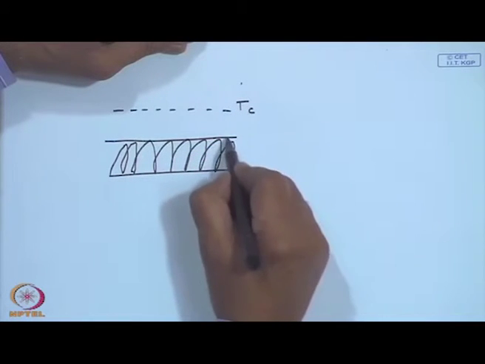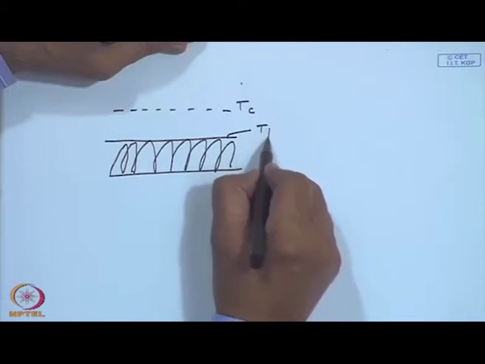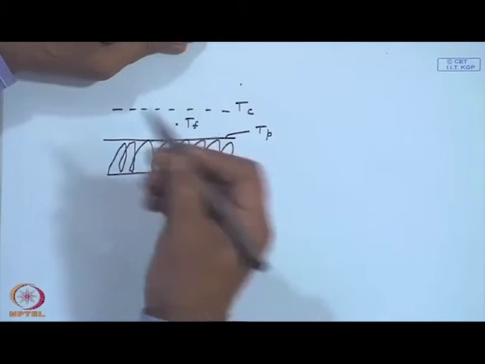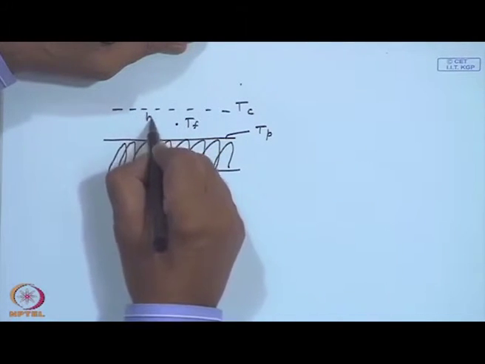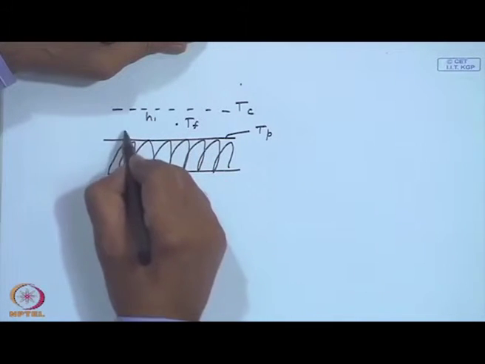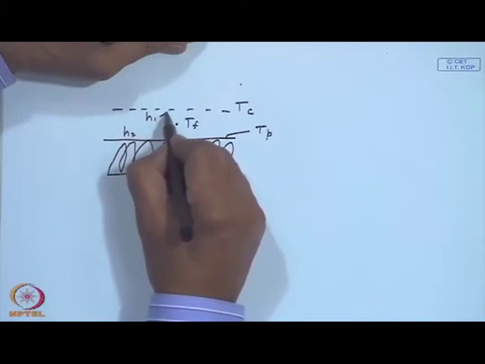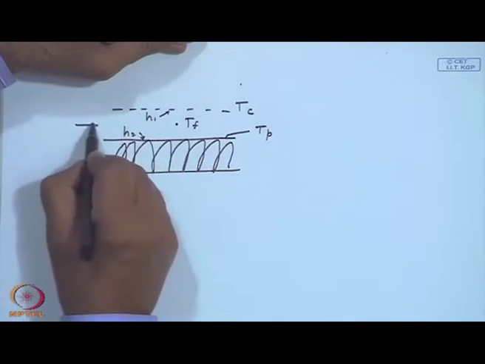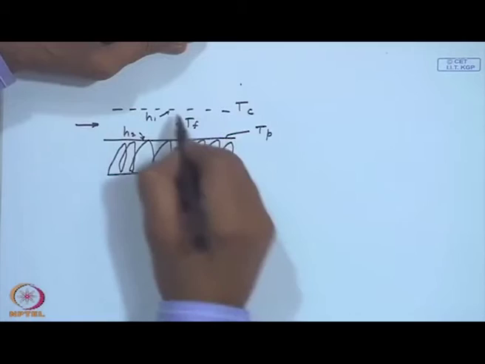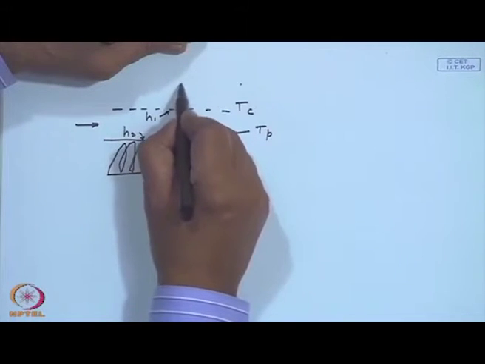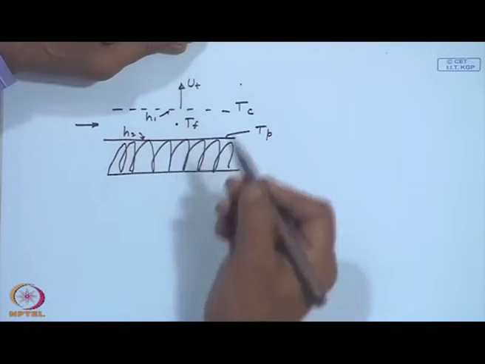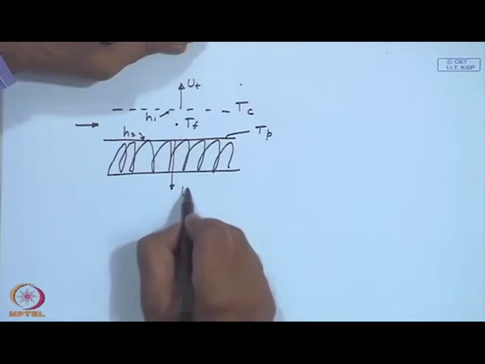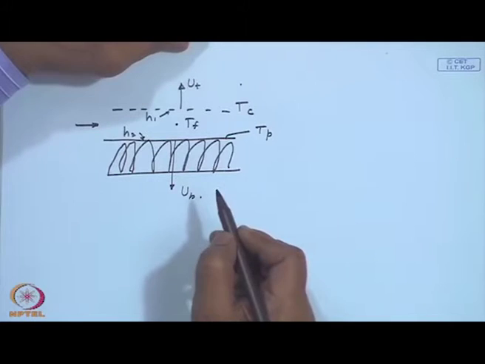The fluid is at Tf with H1 and H2 as heat transfer coefficients. Flow is something like this, and this is a UT, and you have got a UB, and this is my absorbing plate.